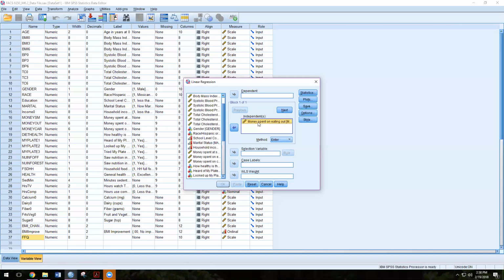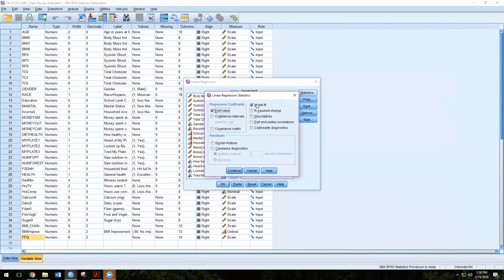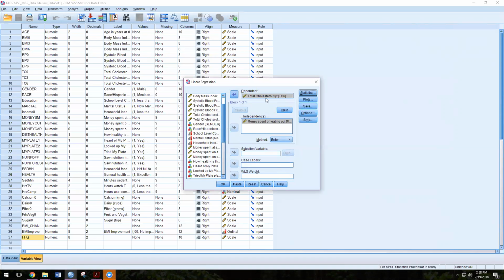I want to see if I can predict total cholesterol at 2 years based on money spent on eating out. So I have to go to my statistics, estimates, model fit, descriptives. This is going to be a simple linear regression equation, because it's just a one-to-one relationship.